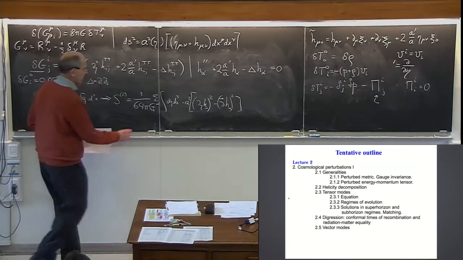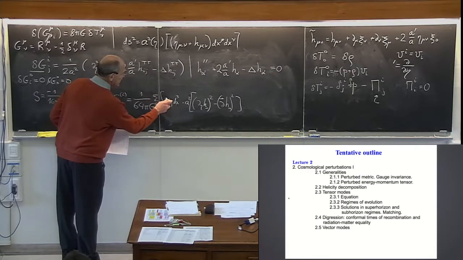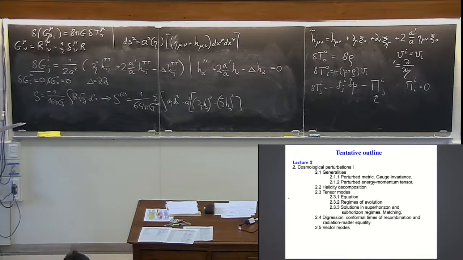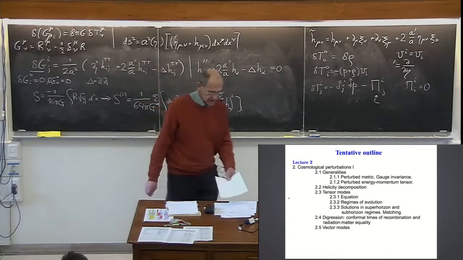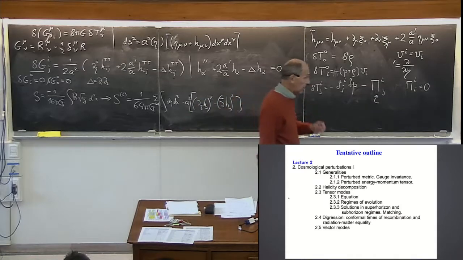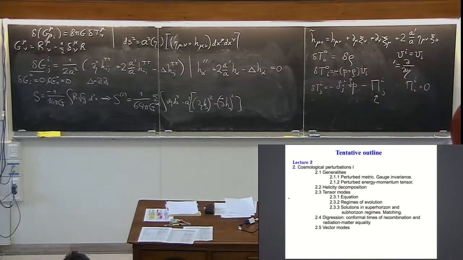By the way, modulo the overall normalization factor, this is exactly the same as the action for a massless scalar field in an expanding universe in the coordinates eta and x.